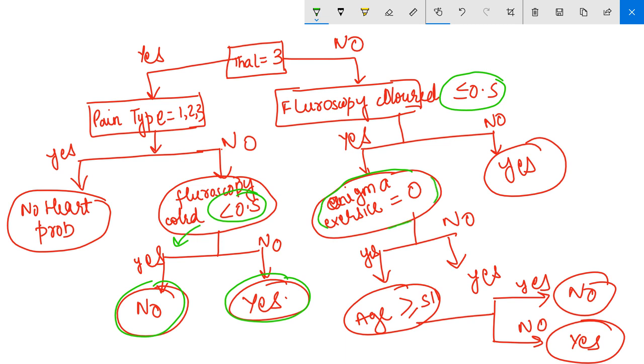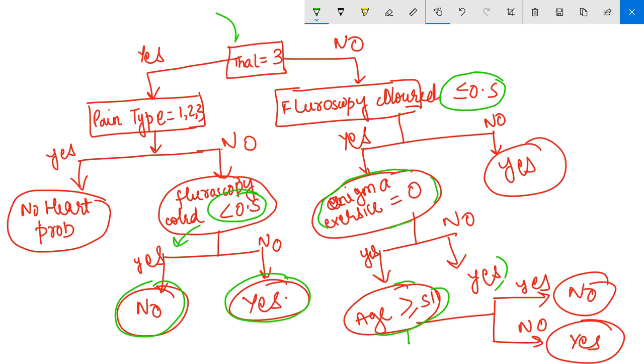If it comes to 0 and your age is 51 or greater, you have a heart disease, and if it doesn't come to 0, yes, you have a heart disease, something like that. So guys, I don't know what the medical terms are here, but this is a very good example of a decision tree. Just ignore the terms and look at the tree.